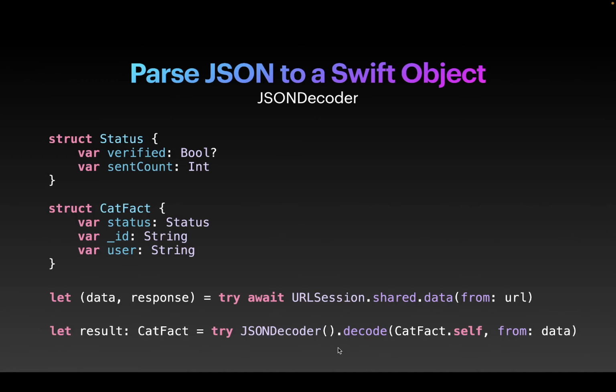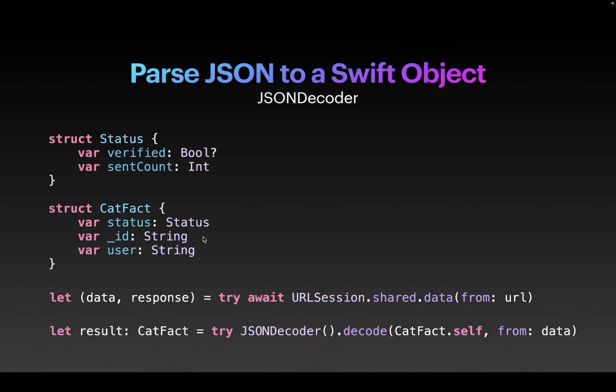The .decode takes two things. The first one actually takes a protocol, but anyway, in this case you can just take a look at the syntax. Basically, cat_fact.self, and the second argument is the data. So essentially, it parses the data into an object, which is a cat_fact struct.